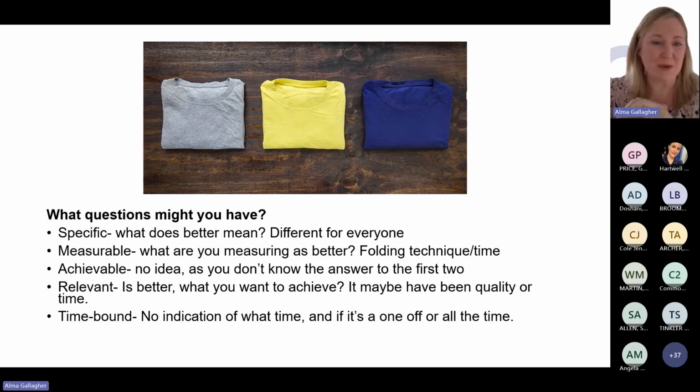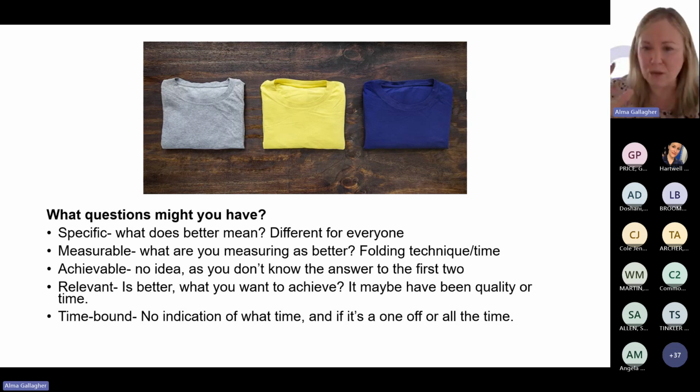Is it achievable? So you don't know, because we haven't set out the specifics for the first two. So my task was absolutely set to fail. Is it relevant? Is it better? Is it what you wanted to achieve? Was it about quality or was it about time? Was it about saving my sanity at the weekends, folding all the laundry up, or was it to save my husband time when he goes to choose clothes for the kids from the drawers?